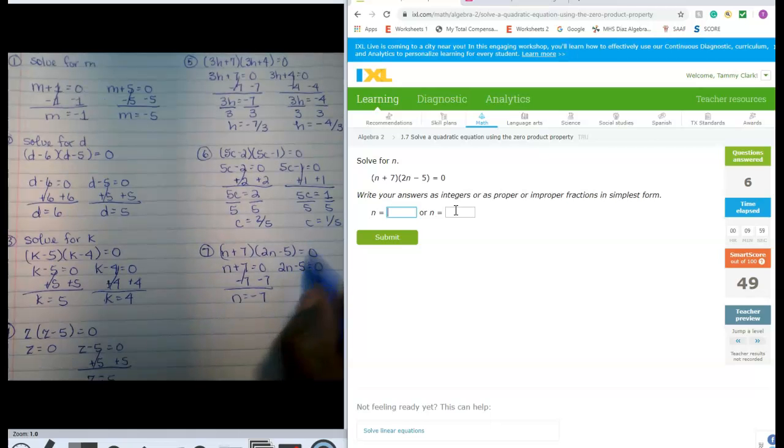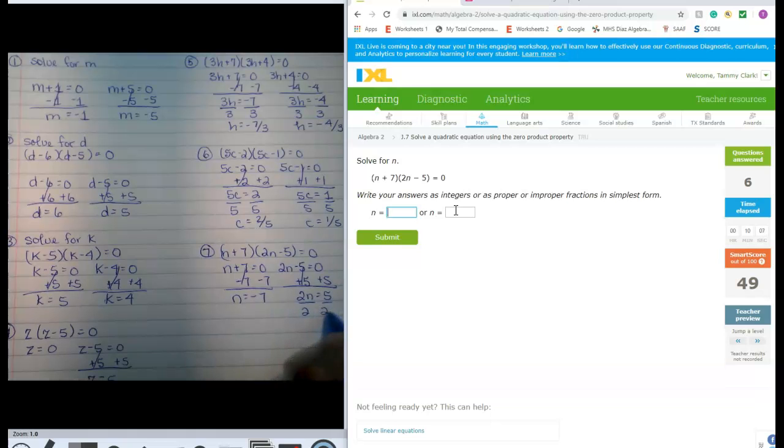Here, to eliminate negative 5, we're going to add 5 to both sides of the equation. So 2n is equal to 5. Divide by 2 on both sides of the equation. n is equal to 5 halves. So we've got negative 7 and we've got 5 halves.